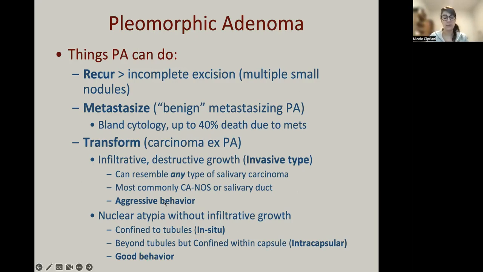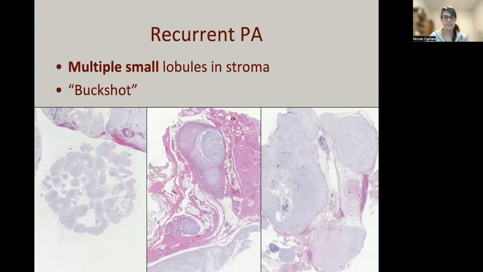These generally are always quite aggressive. There is a form of in situ carcinoma that we think is a precursor to the invasive carcinoma ex PA, that is nuclear atypia and mitotic activity confined within the pre-existing PA. And as long as those are resected without invasion, those generally have indolent behavior.